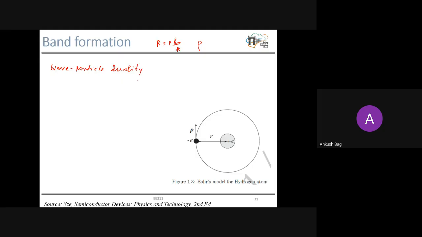This is the most fundamental concept of quantum mechanics, wave particle duality. So what does it say? It says that any particle can behave as a wave, or any wave can also behave as a particle.